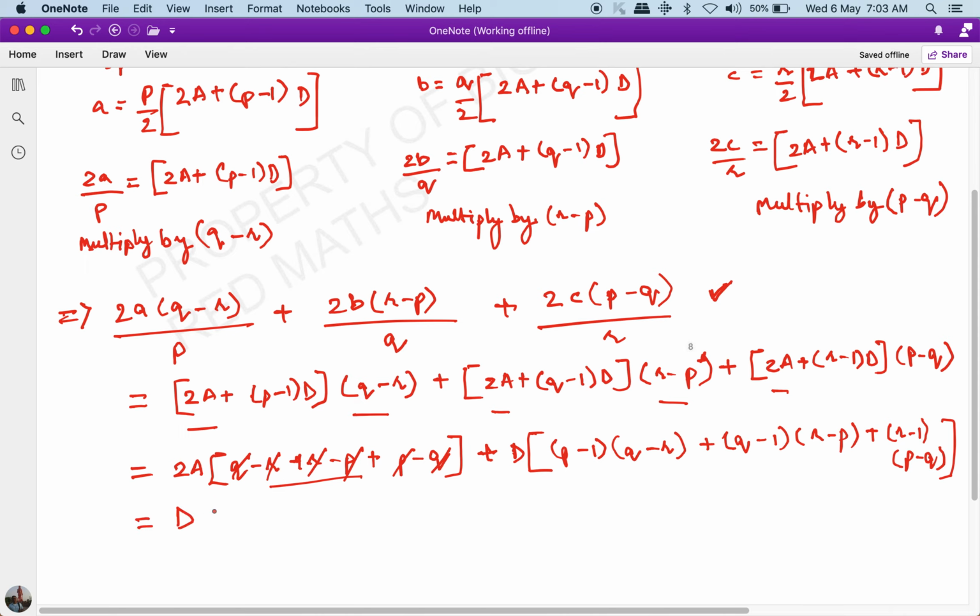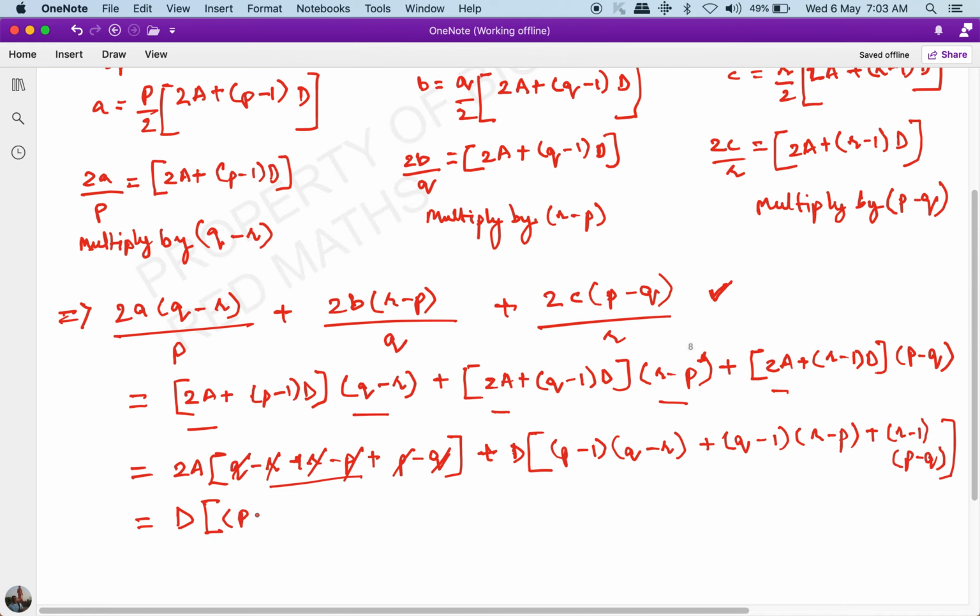I am just going with the D wala term next. So I get D, and here, can I work without opening the brackets? Yes, I can work without opening the brackets as well. So I'm just doing the P, Q, R wala terms first.